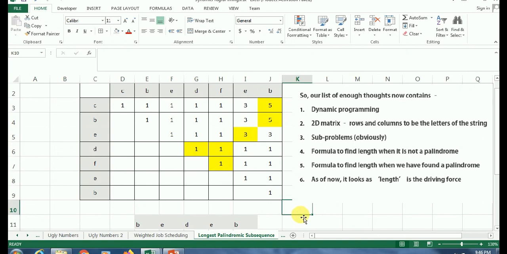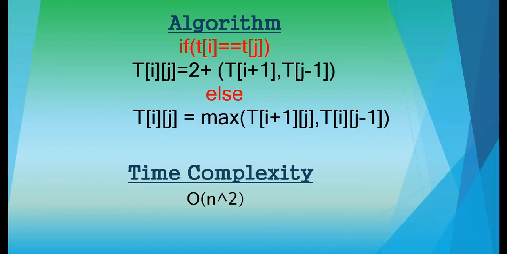Now let's move to finding the algorithm. So here we are at the algorithm. If Ti is equal to Tj, then Tij is going to be 2 plus Ti plus 1, Tj minus 1. That means we have to look diagonally left and then add 2 to it.